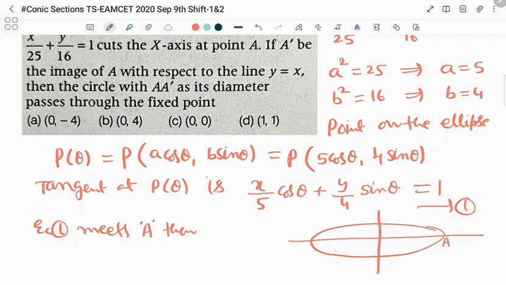Suppose A will be here, A dash will be here. A and A dash, anyway it is image. Here parametric point P of theta, this is the tangent equation.